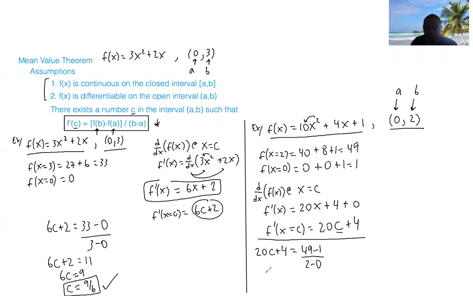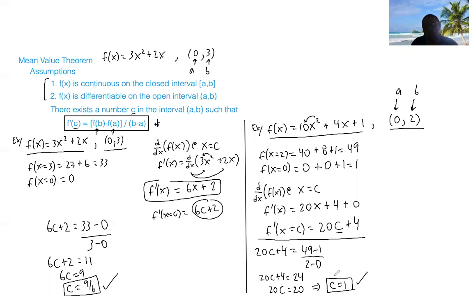All right, and then all you do is simplify and solve for c. So 20c plus 4 is equal to 48 divided by 2, which is 24. Okay, subtract 4 from each side. 20c is equal to 20. And so in the end, we get that value c that we're talking about is 1.